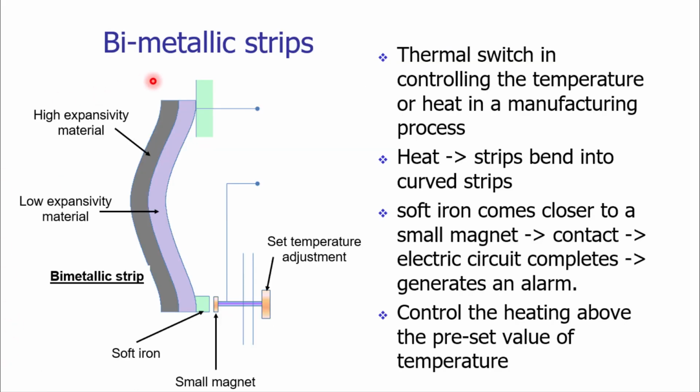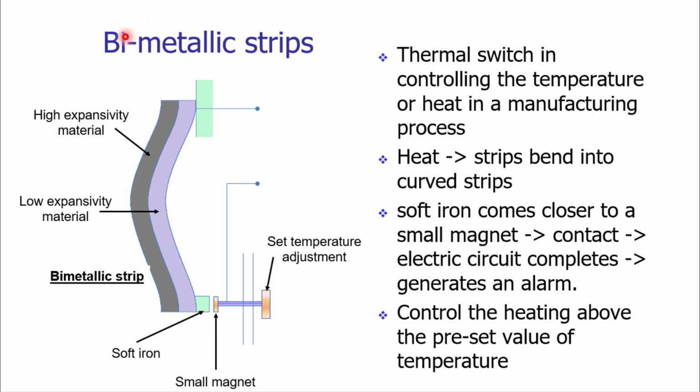The first sensor is the bimetallic strip. It works as a thermal switch to control the temperature or the heat in a manufacturing process. Let us consider an example of a furnace. A furnace is used to heat up iron or raw metals, changing their state from solid to liquid.